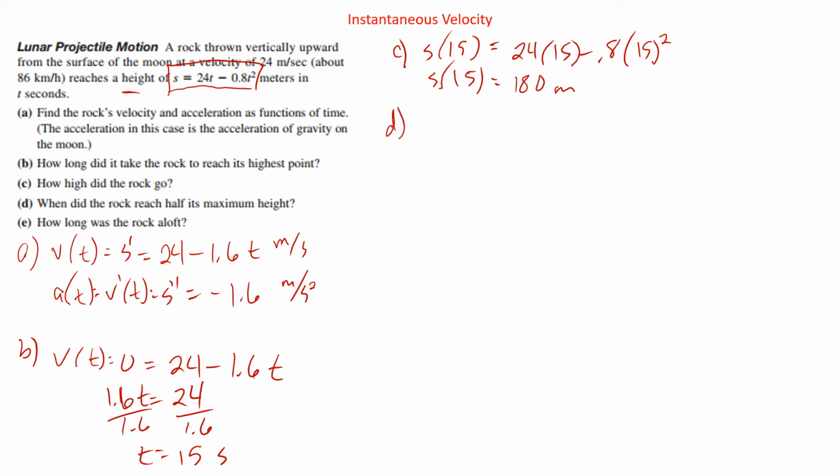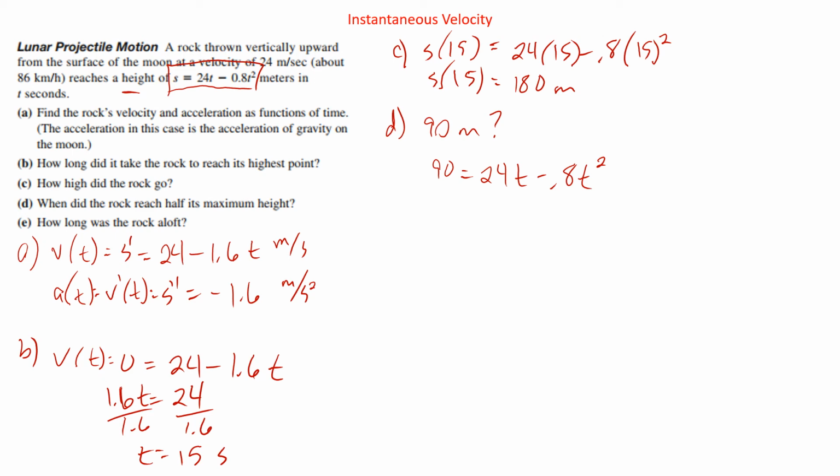So D, well, what is half its maximum height? Its maximum height is 180 meters, so we need, when is it at 90 meters? Well, the height, that still goes in the s. So we're going to go 90 equals, and then it's the s equation, 24t minus 0.8t squared.